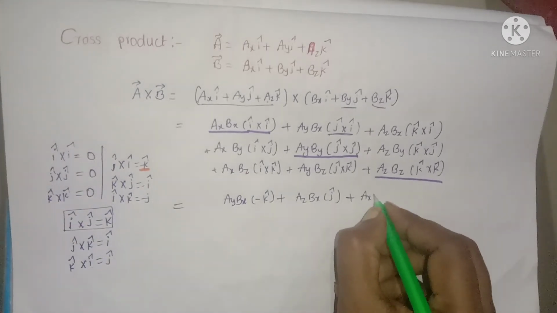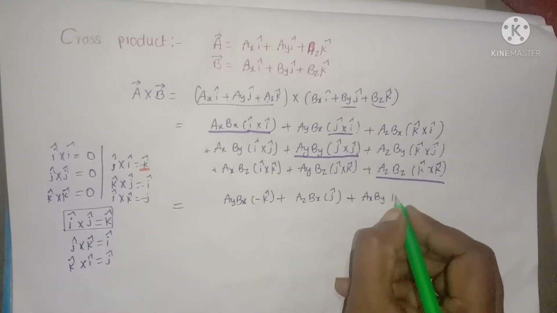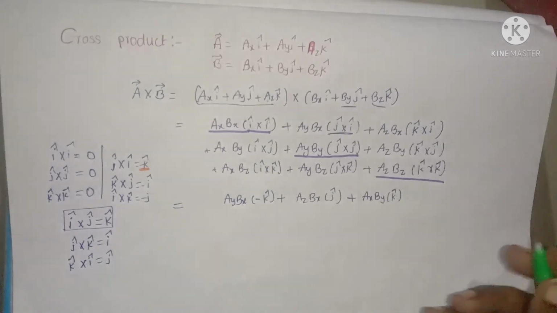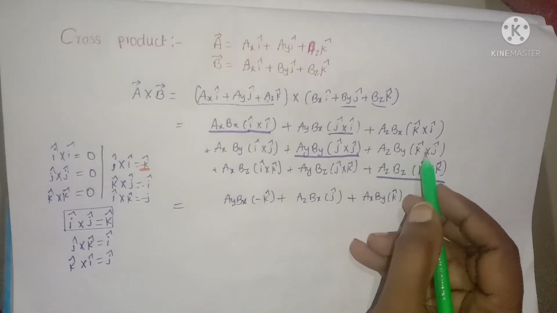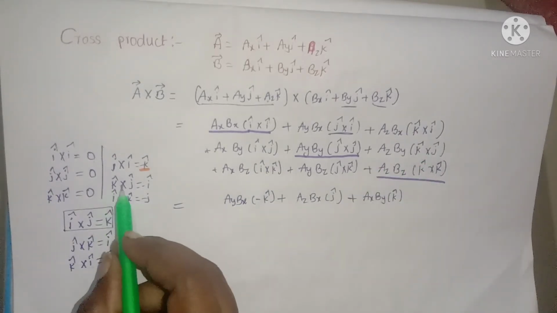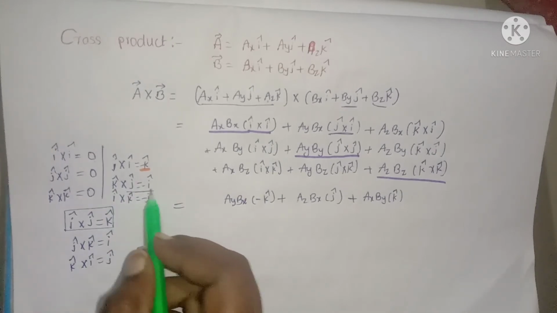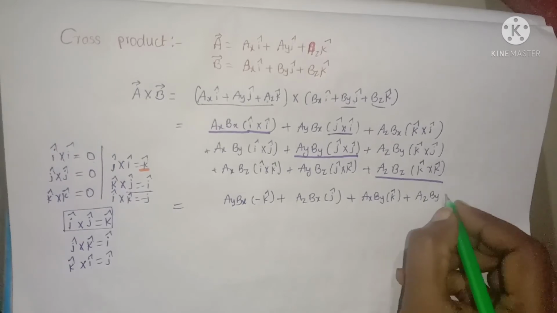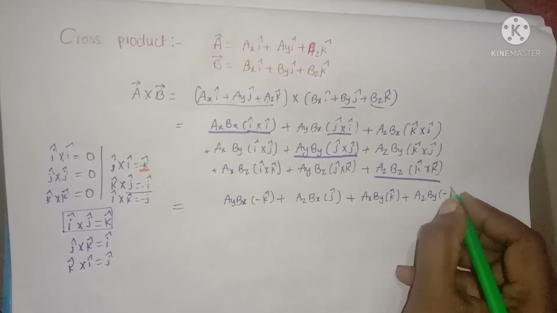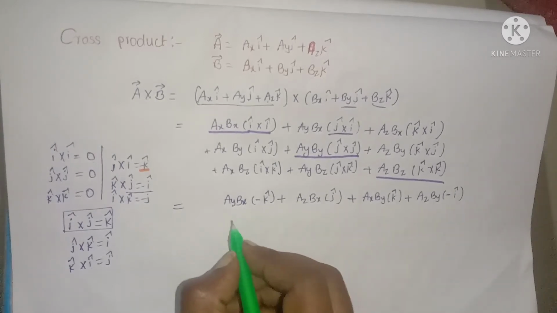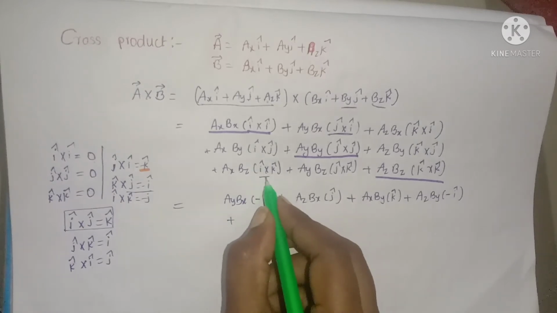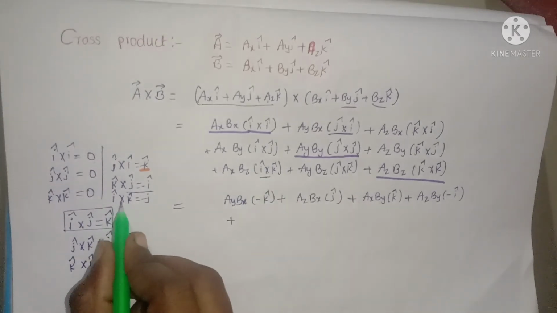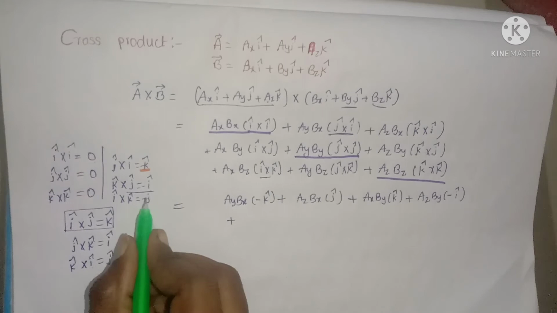Then ax by into k cap. Next one, k cross j. k cross j means minus i. Now here az by into minus i cap, plus here i cross k. i cross k equals minus j cap.